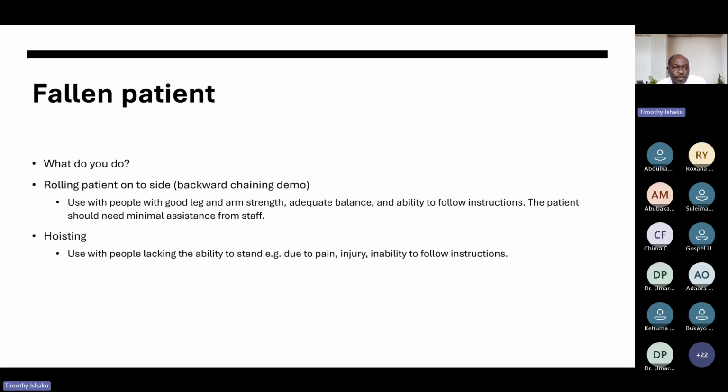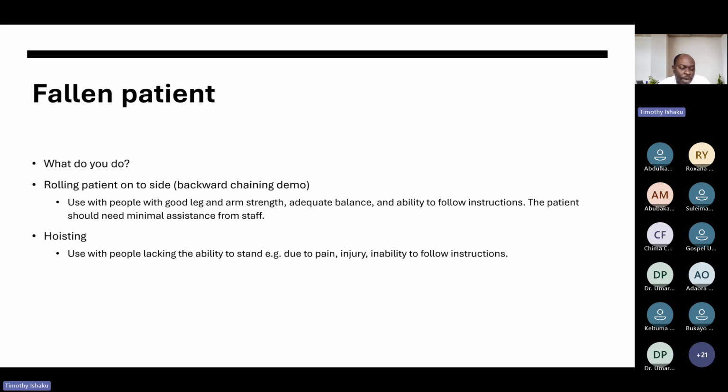I think that's what I really like with what you said, he is able to do it by himself. That is the whole point of us intervening. And most of the patients that have fallen have a higher risk of falling again. What you don't want is for them to fall, get stuck on the floor, and nobody to help them, and then it becomes a problem for them.